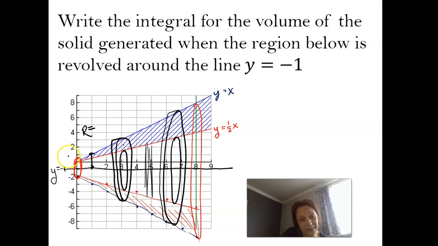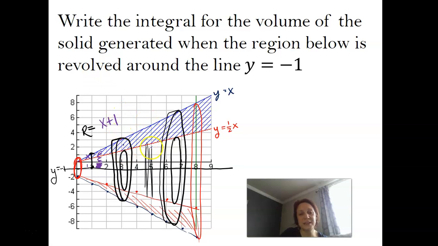From here to here, that is 1, the distance between -1 and the axis, and then I still have to keep going from here up to the line, and that distance is x. So my outer radius isn't just x, it's x plus 1 more to get to the line y equals -1.